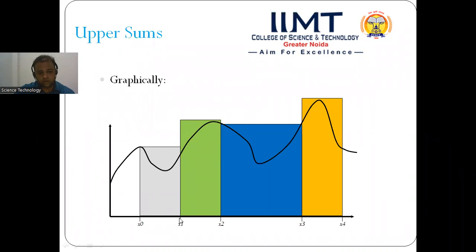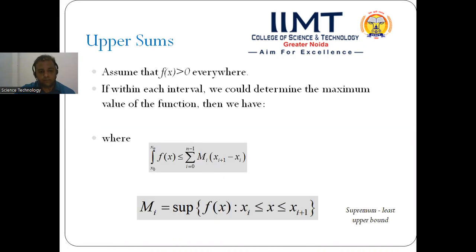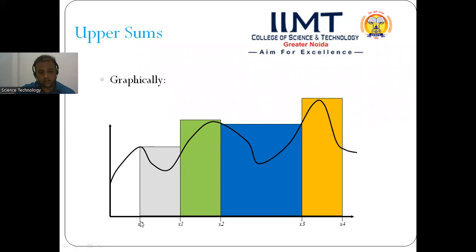Suppose x0 to x1 is the first interval; M_i will be the maximum value of the function in this interval, which is also called the supremum. The difference x1 minus x0 will produce the width of this rectangle, and M_i will produce the height of the rectangle.